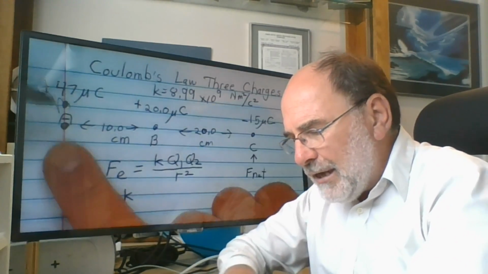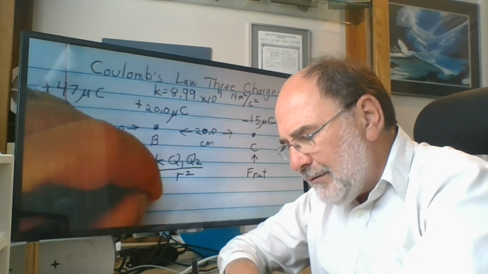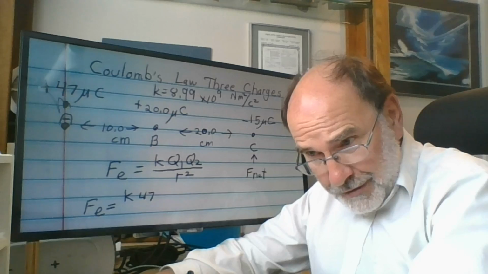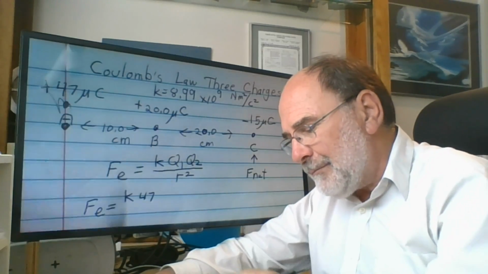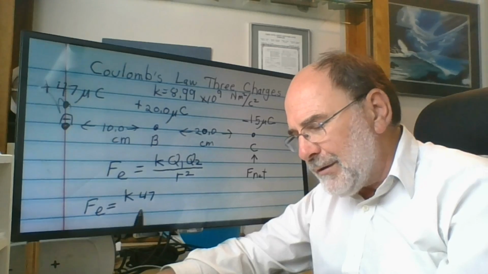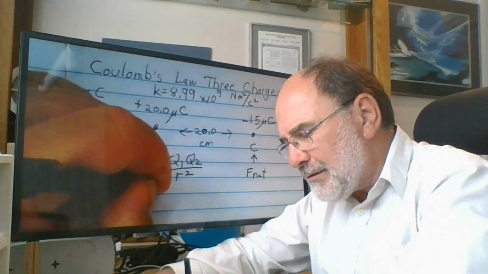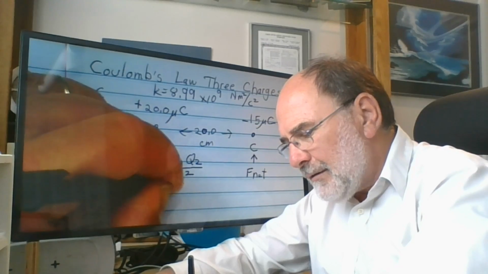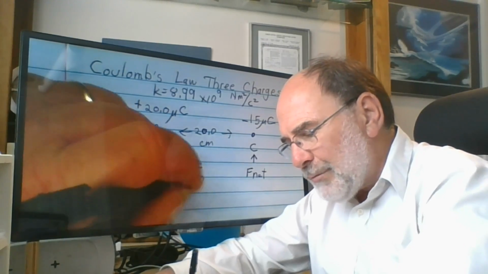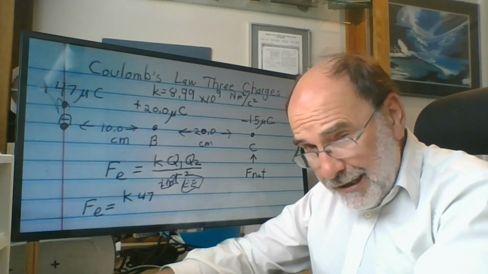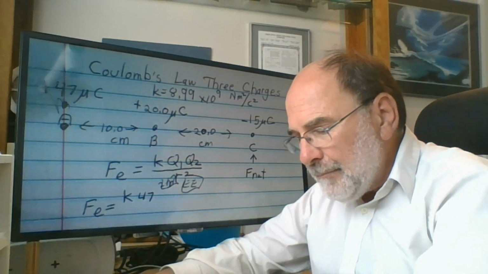So charge A is 47, and on your TI or equivalent graphing calculator, you should go 47 second EE. EE is the correct way to put in exponents, not this times 10 caret stuff.